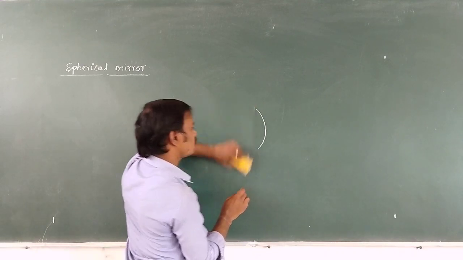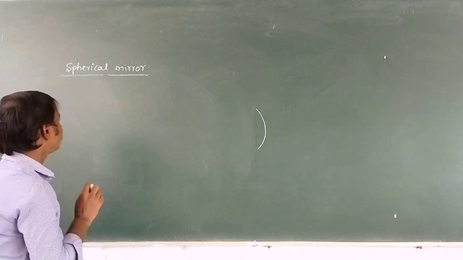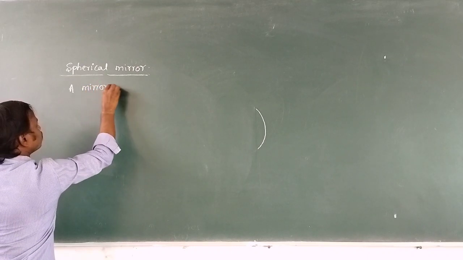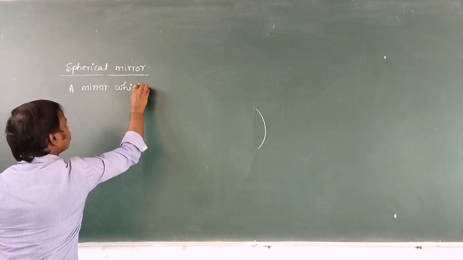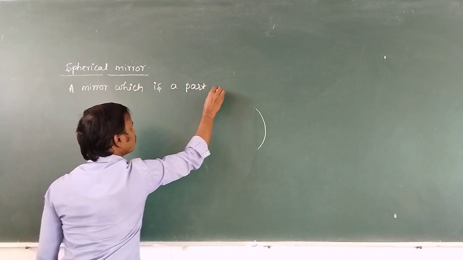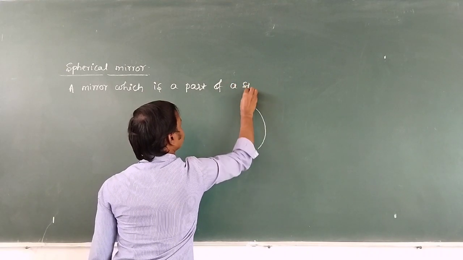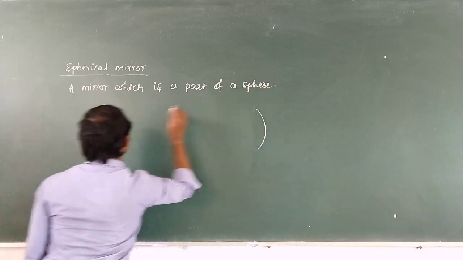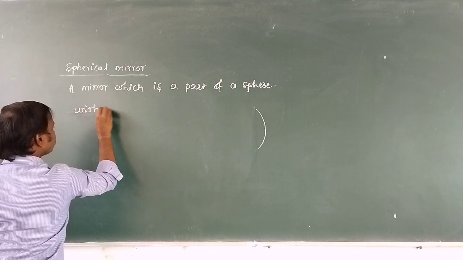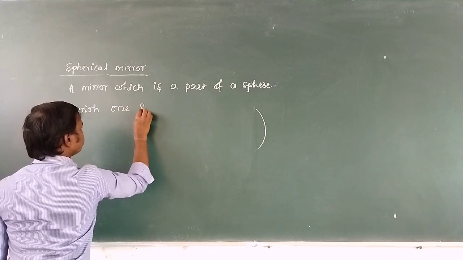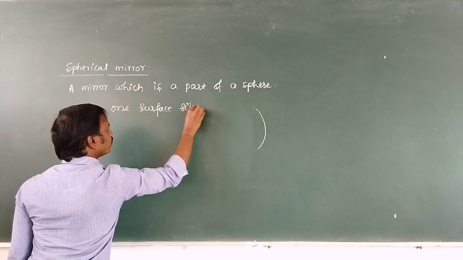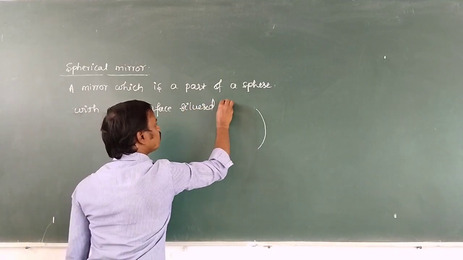Then what is spherical mirror? So spherical mirror is a mirror which is a part of a sphere with one surface silvered, is called spherical mirror.